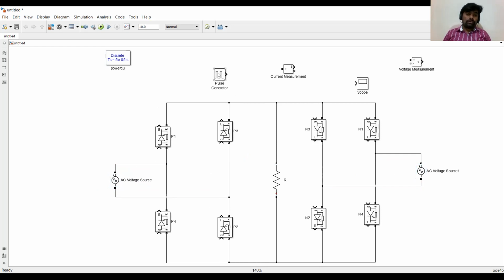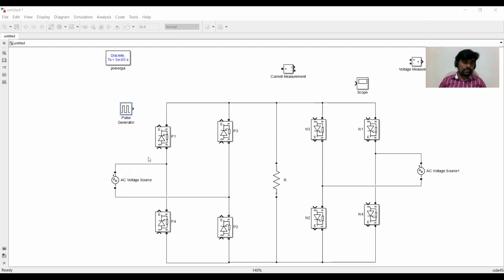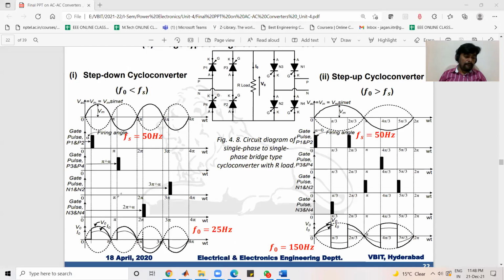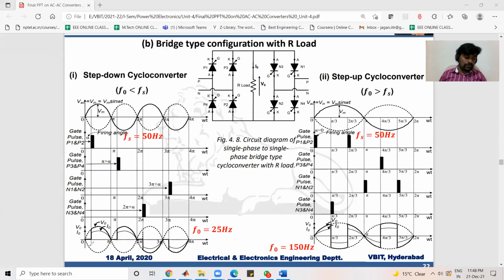Now I am going to apply the firing pulses. I just want to recall these things here, which is very, very important. Now, I need to get the output voltage, which is a variable one, and the frequency of the output voltage should be 25 Hz.